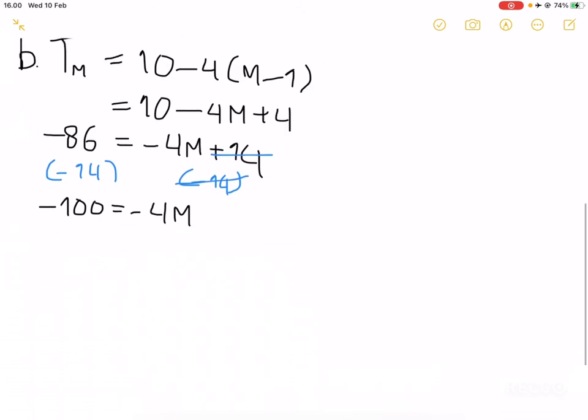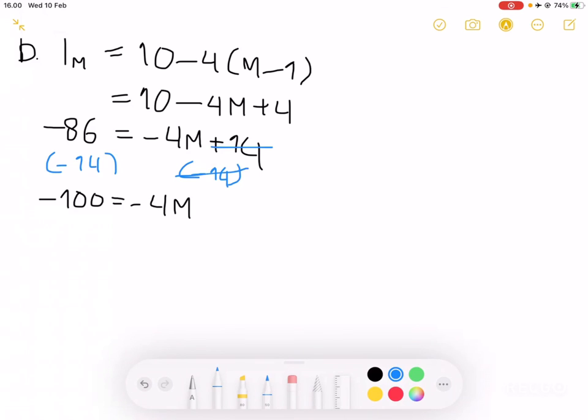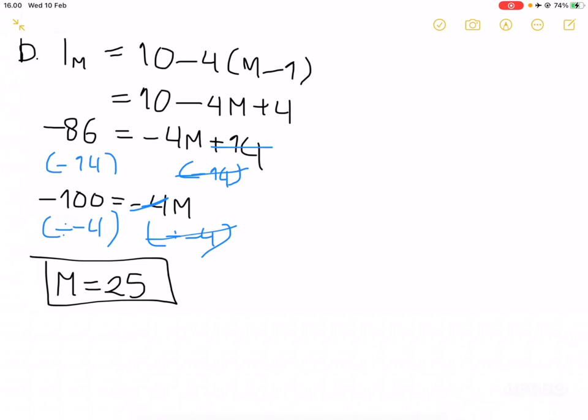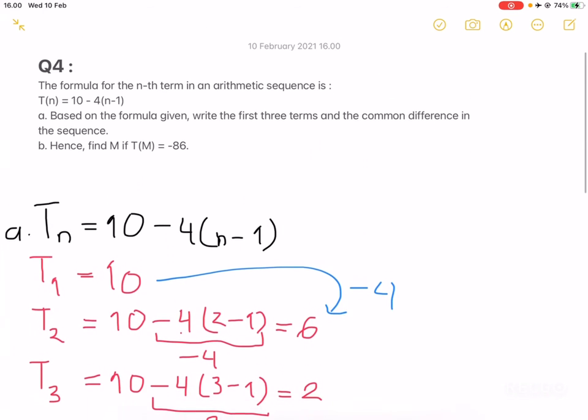And then we can just straight up divide both sides by negative 4 to cancel this part, to get that m is equal to positive 25. There we go. So this is our answer, and that finishes our video for this.